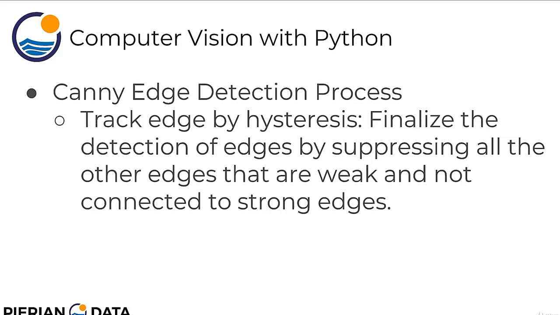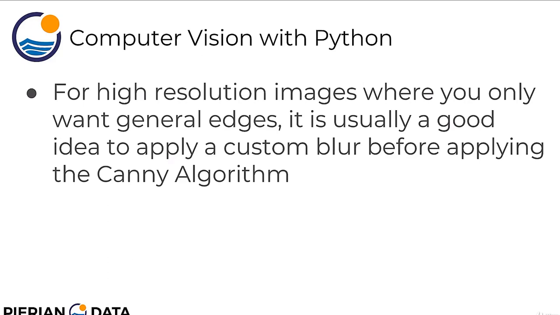And then it's going to track edges by hysteresis, which finalizes the detection of edges by suppressing all the other edges that are weak and not connected to strong edges. So essentially, it's a filtration process of getting rid of the weaker edges and only finding the really strong ones.